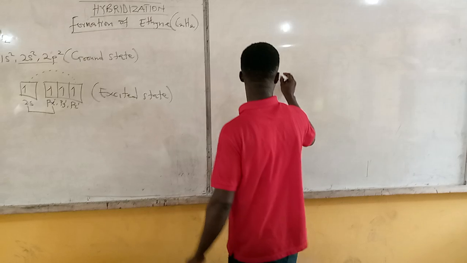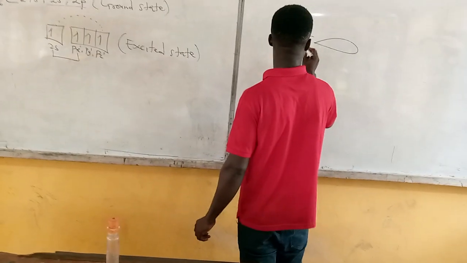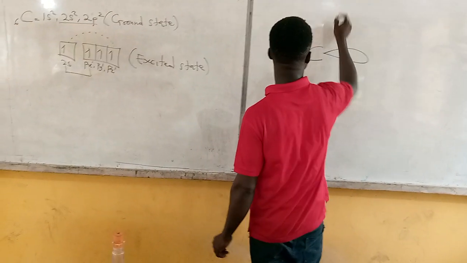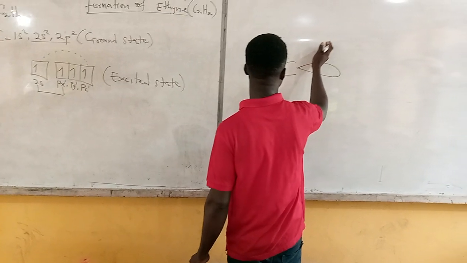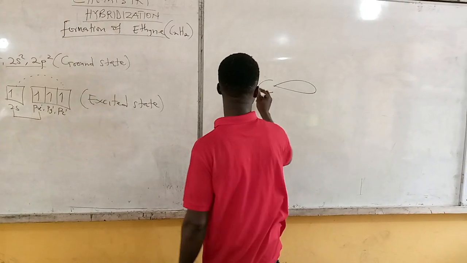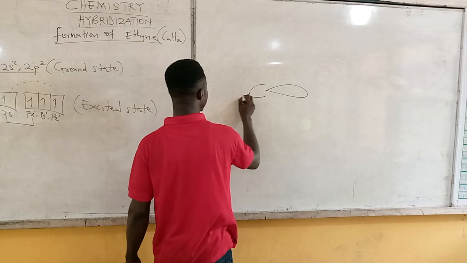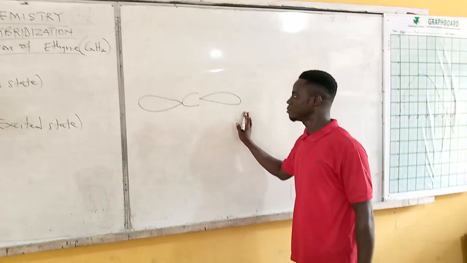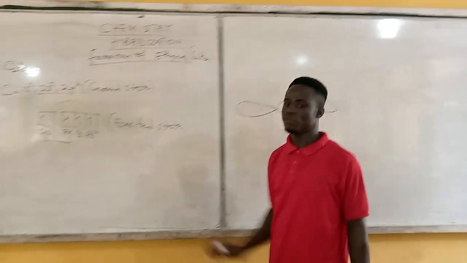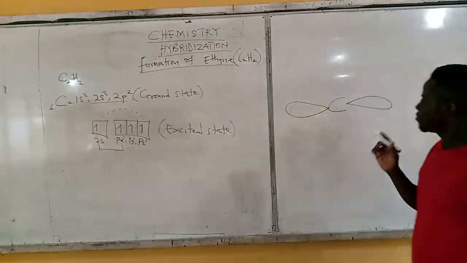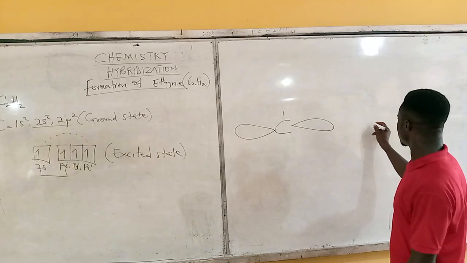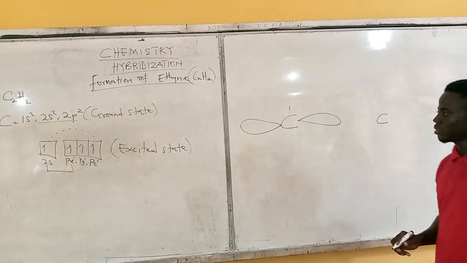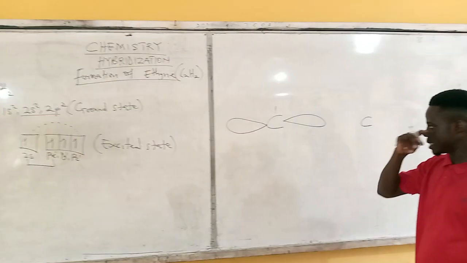So one is formed here like this, and the other will not be formed here. They need to repel, so this one will also stay far away. This is how they stay far away from each other. So these two hybrid orbitals have been formed. Now, with this first carbon, what is happening here is the same thing happening in this carbon. It is also forming two hybrid orbitals.